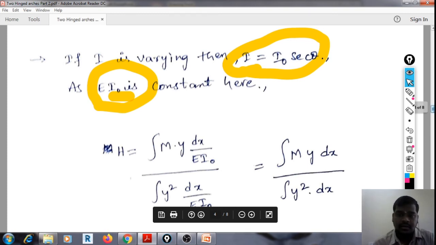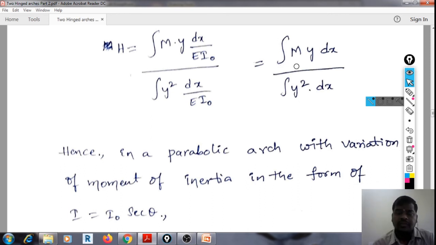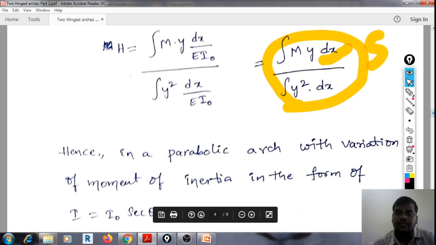Next we get integral of my dx by integral of y square dx. In the general horizontal thrust, we have ds instead of dx. Here we have dx for a parabolic arch.